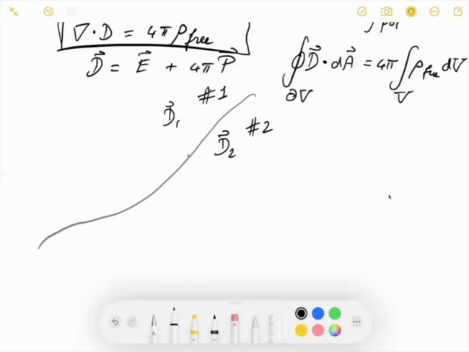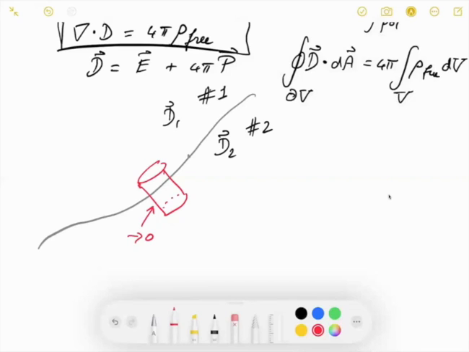And we can take a Gaussian surface and we can make this Gaussian surface sit right here, such that it straddles the border between medium 1 and medium 2. And we can take this limit to 0. So we put these surfaces very, very close to the boundary.